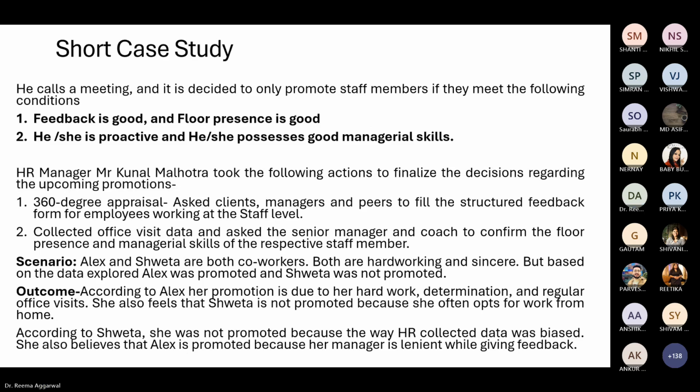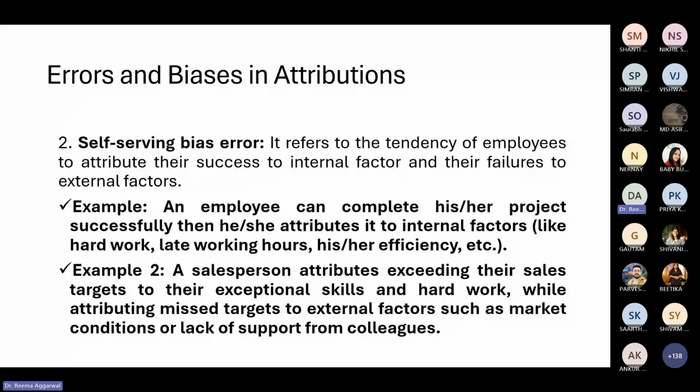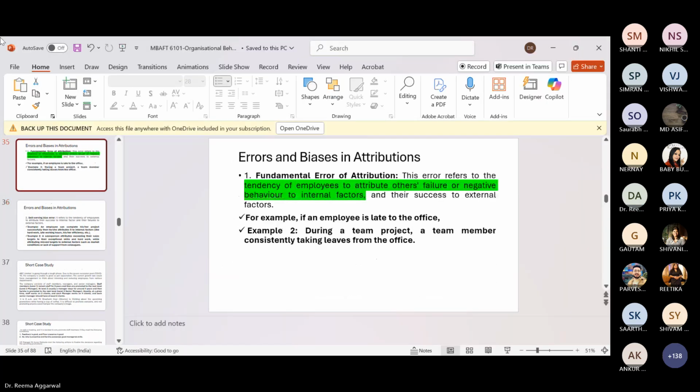Anyone? Ma'am, as per Alex, it is self-serving bias, and it is fundamental error of attribution also.